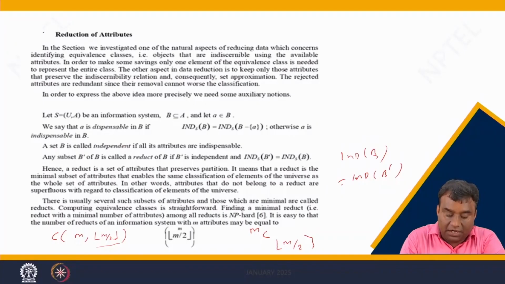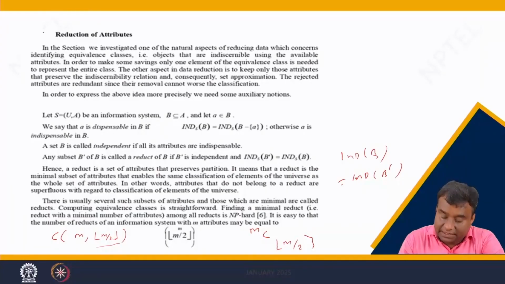A set B is called independent if all its attributes are indispensable. Any subset B1 of B is called a reduct of B if B1 is independent, and you can write that the indiscernibility relation of B1 is equal to the indiscernibility relation of B. Hence, a reduct is a set of attributes that preserves partitions.